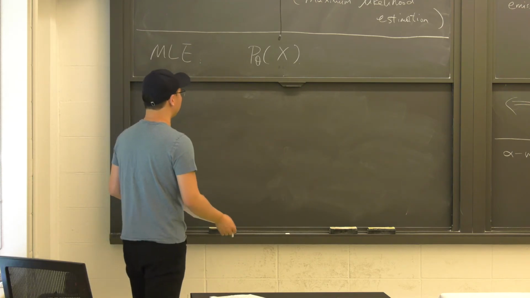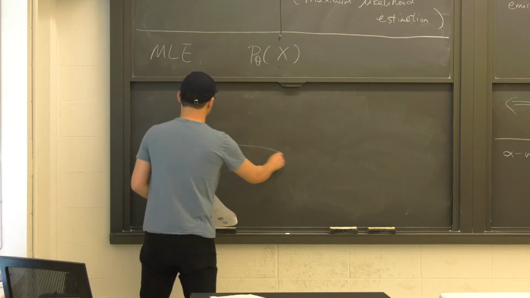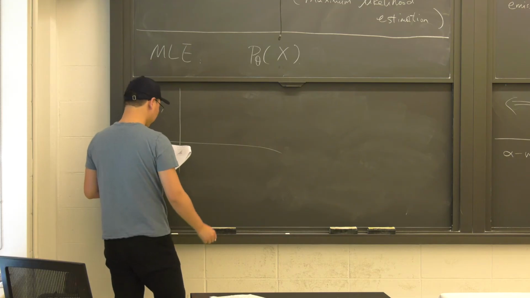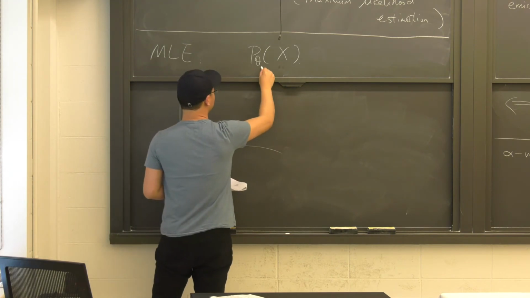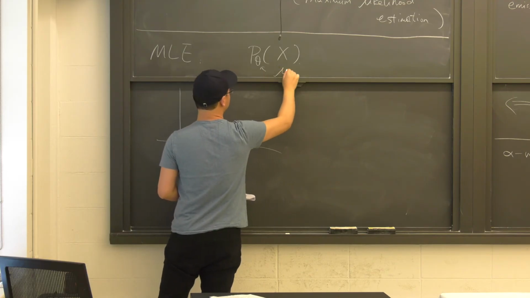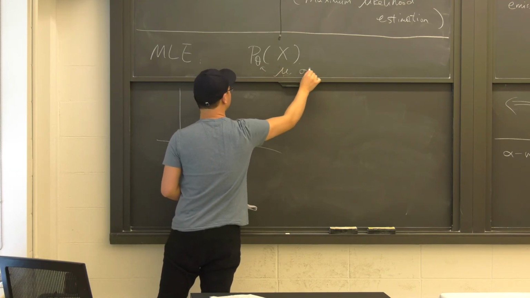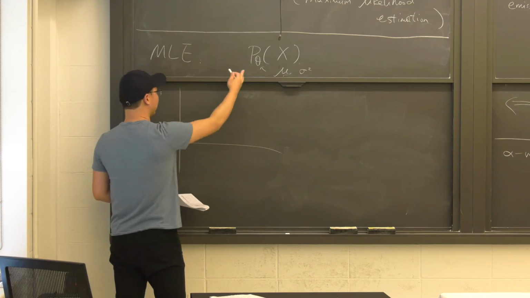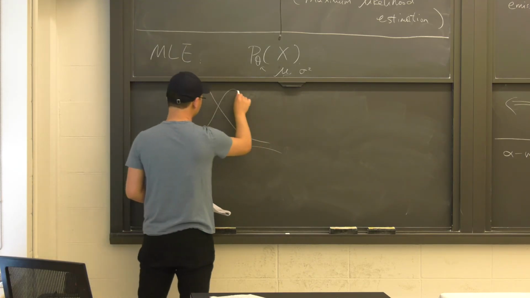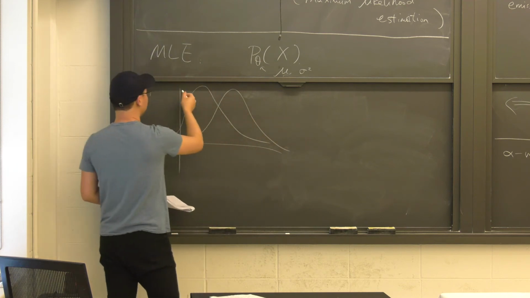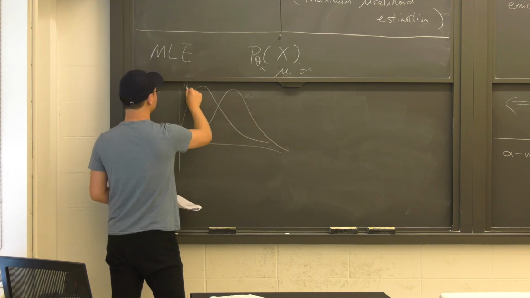For example, this can be a Gaussian distribution, where theta is the mean and the variance. So in this case, theta describes many different curves of a Gaussian distribution. For example, the PDF can look something like this. This is p_theta1, this is p_theta2.